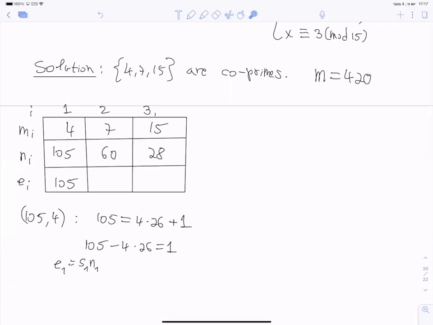Modulo 7 you have 70 and this 0, and modulo 15 is 0. Okay. Now let's go further. We look at this. This is how we find the coefficients.